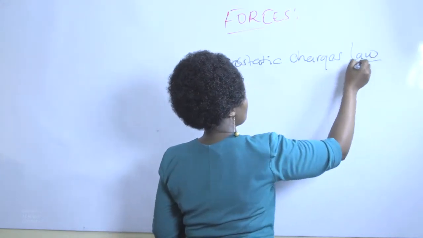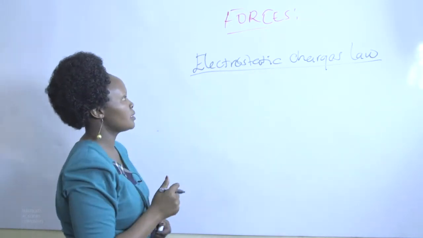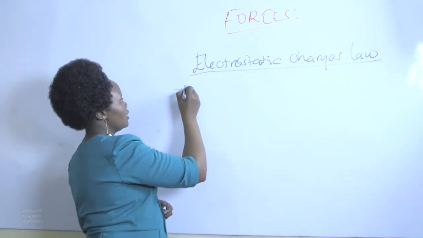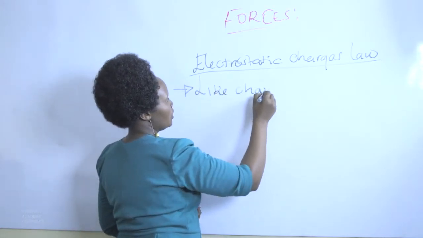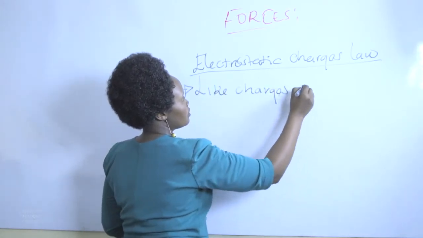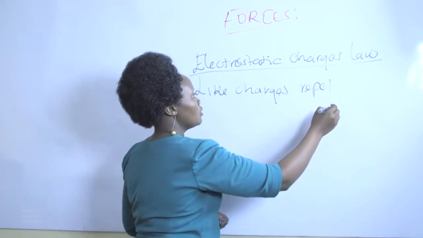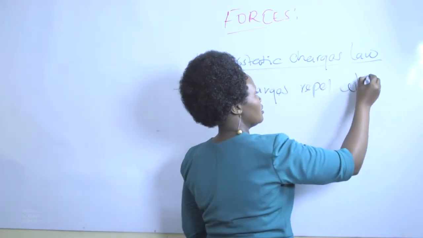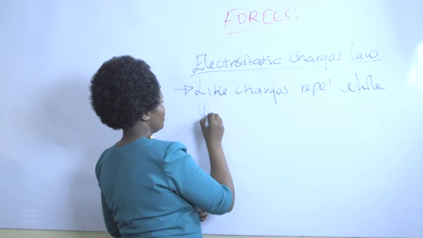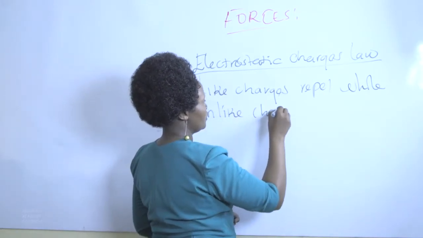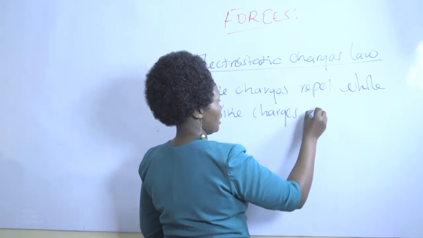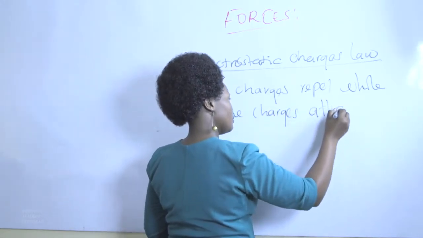The law of electrostatics states that like charges repel, while unlike charges attract.